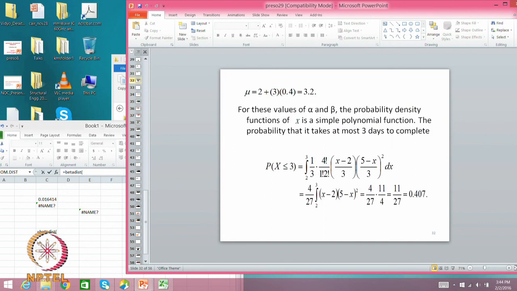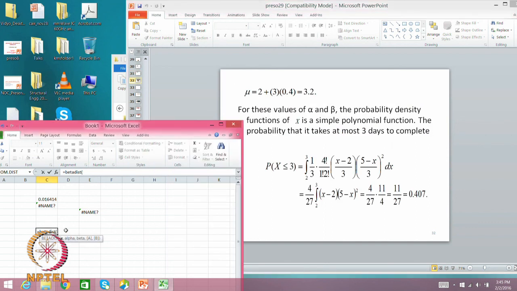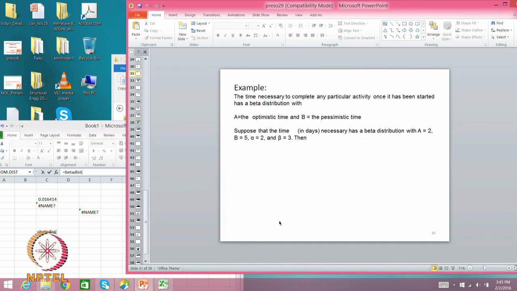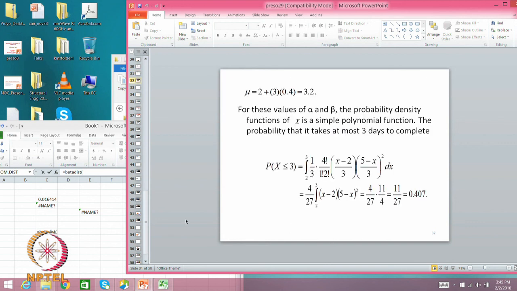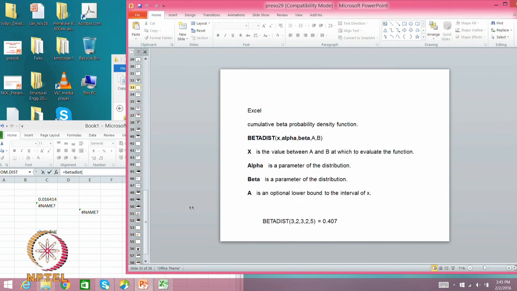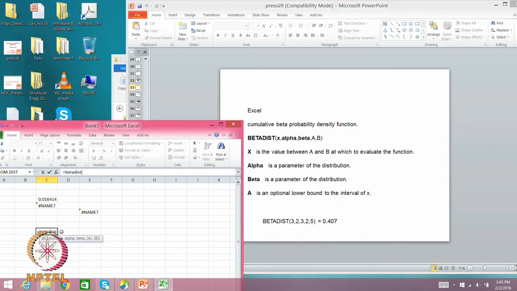If you want to finish it in 3 days, at most 3 days, what should be there? We need to put the values.